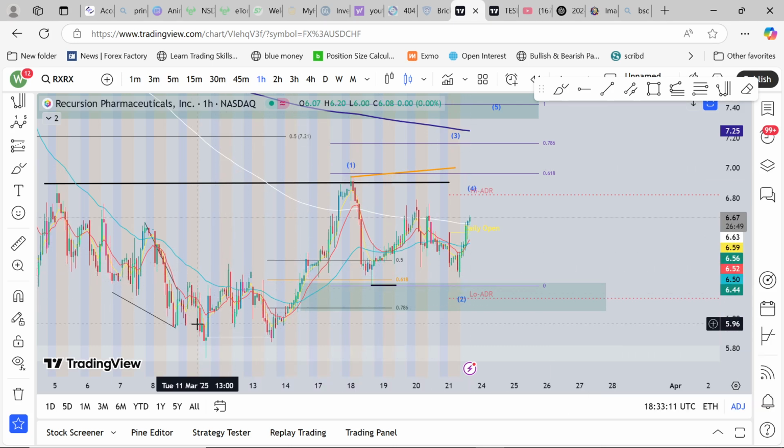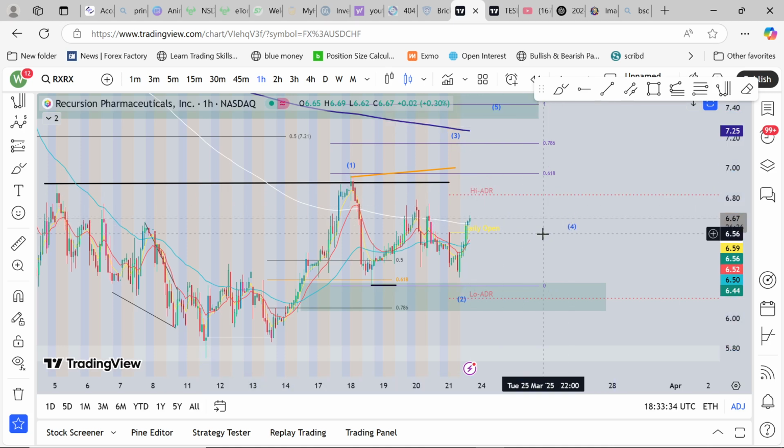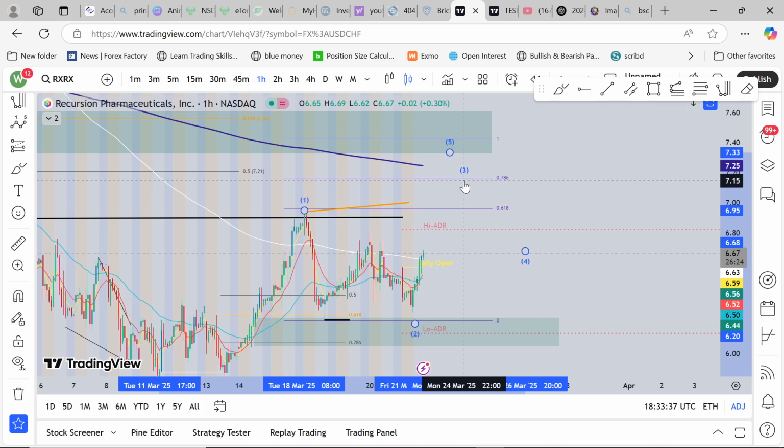I'm looking for, the only way I can excuse this 1, 2, 1, 2 is calling the whole thing a 1. Yeah, but it's not an impulse 1. We get 1, 2, a 3, a 4, and then a 5. It would be a zigzag and a 1, 2, 3, 4, 5 leading diagonal. That's currently what I'm looking for now. So if 3 was to be here, this line would go there.